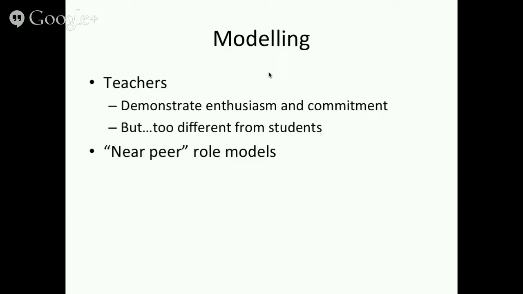An example of this might be having, for instance, Chinese 200 level students who are in a class and having their near peers of Chinese 400 level students come in and demonstrate their abilities. By doing that, you allow them to see that it is possible to be successful in this area.